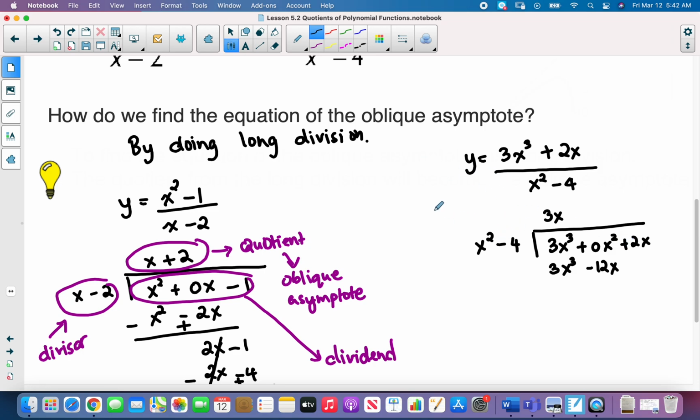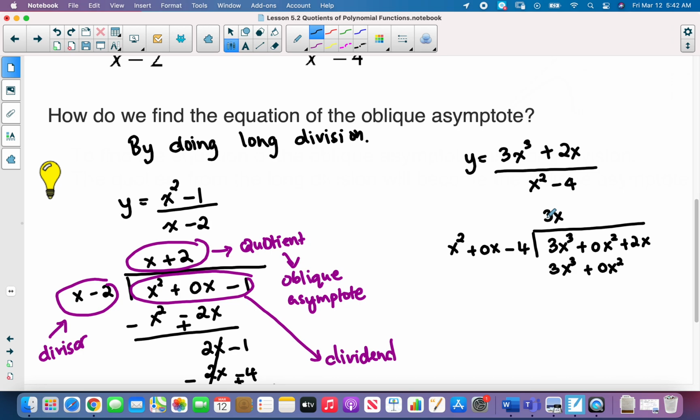So even here we're going to write the 0x. So we're going to rewrite this as x squared plus 0x minus 4. Just to account for the term that's not there, we'll write a 0x. So this will be 3x cubed, and over here, when we multiply 3x with 0x, we get 0x squared, so plus 0x squared.